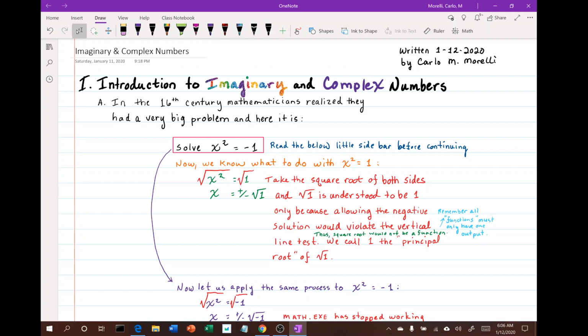My own experience with this began when I was 14 years old, and my teacher, very well-meaning, taught us the basic rules for imaginary and complex numbers, and we were required to do a few problems with them, and then we moved on.